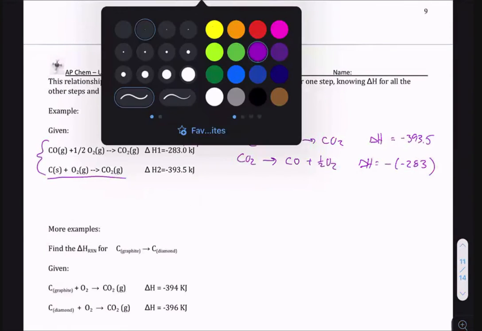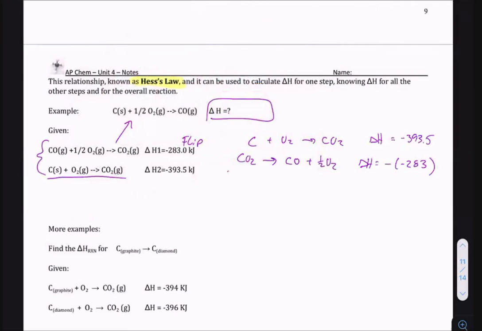Okay, now let's see what cancels. CO2 on the reactant side and CO2 on the product side cancel each other out. What else cancels? Half O2 is subtracted from both sides. So the result is carbon plus half O2 forms carbon monoxide.